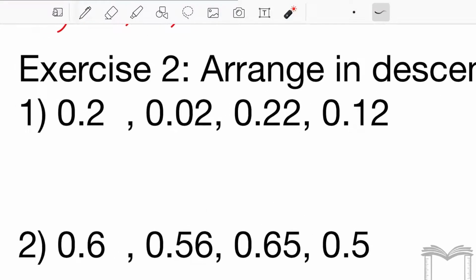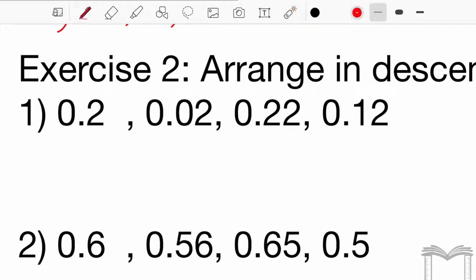One thing that we can notice here is that all of them have 0 for the ones number. So in this case, the whole number is insignificant, or we can ignore it since there's no value for it. So we can focus on the decimal fraction.